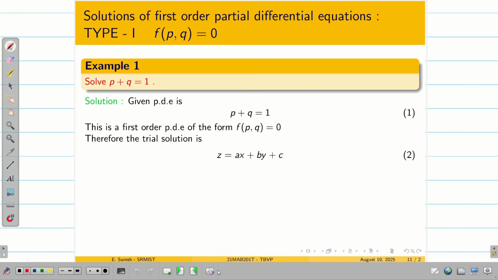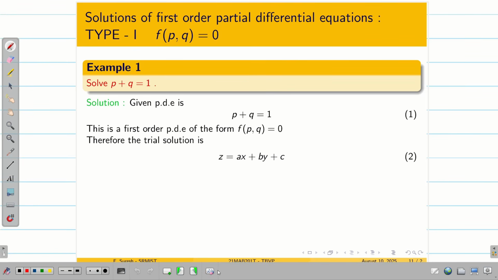Now my job is to find two arbitrary constants because this first order PDE has two independent variables x and y. From the trial solution we are going to find the complete solution, singular solution and general solution. We don't bother about the particular solution because it is obvious. If you substitute a particular value, you get a particular solution.